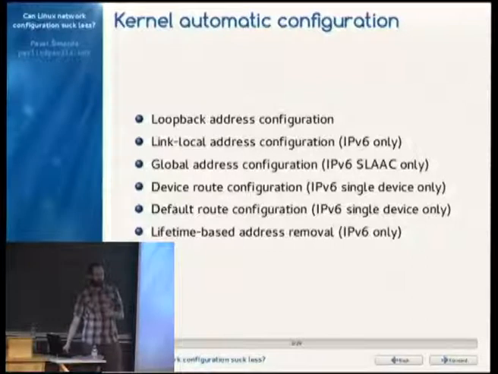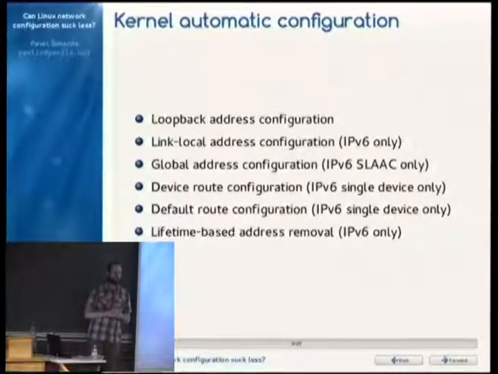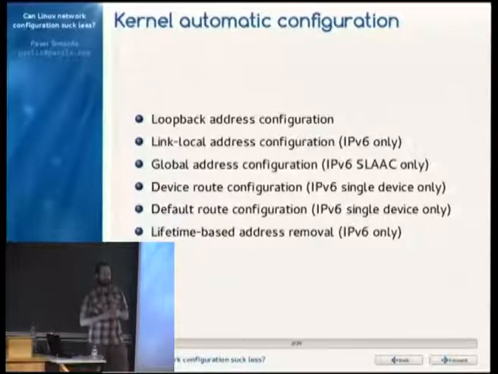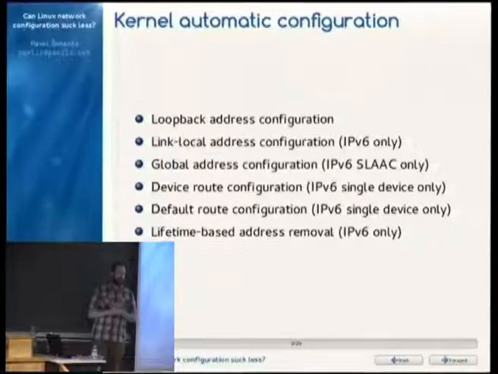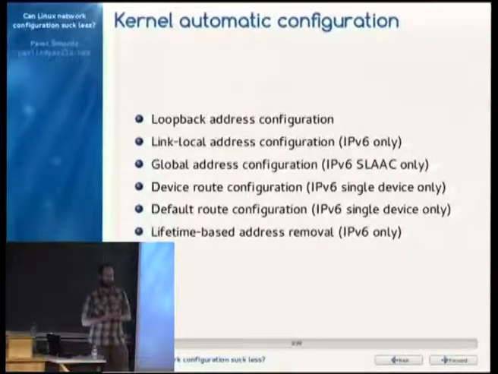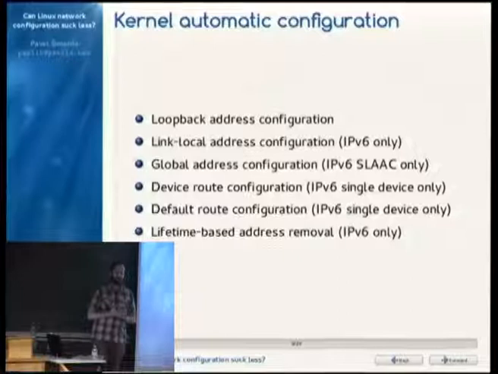But then you have the auto configuration of global addresses, which is sort of more difficult, more collaboration with other things on the network. But still, you can get public addresses by just receiving router advertisements, and the kernel configures the whole stuff.